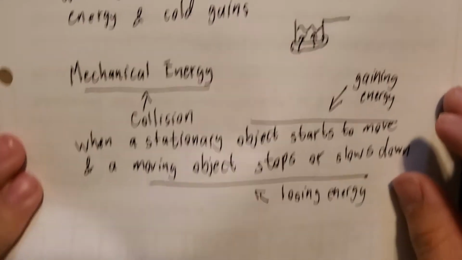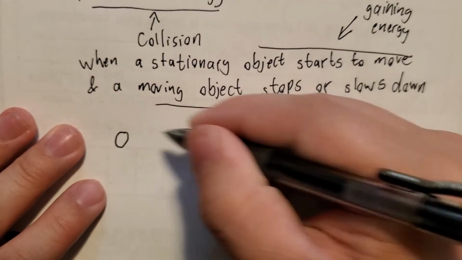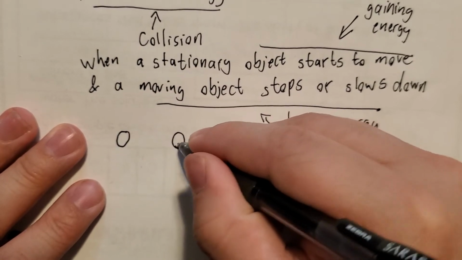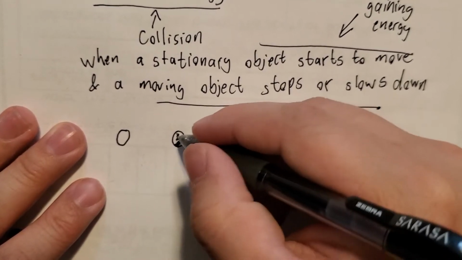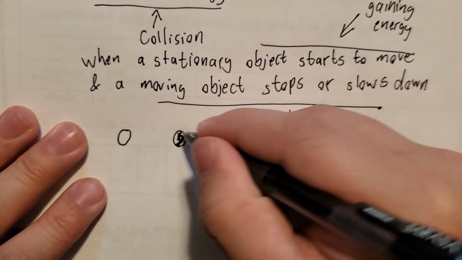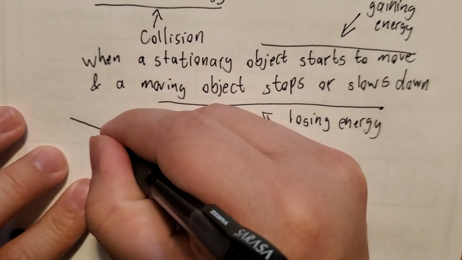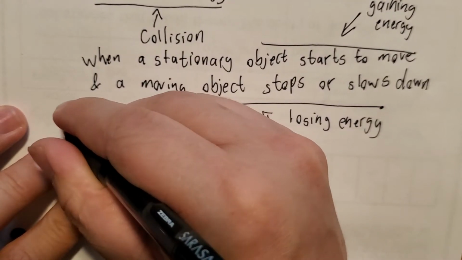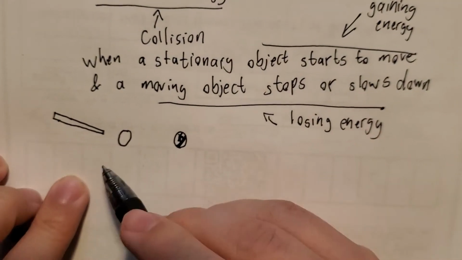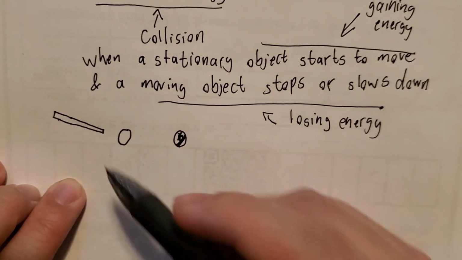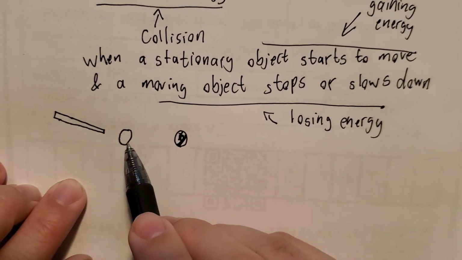One good example of this: maybe we're playing pool, and you've got your cue stick and a stationary cue ball.